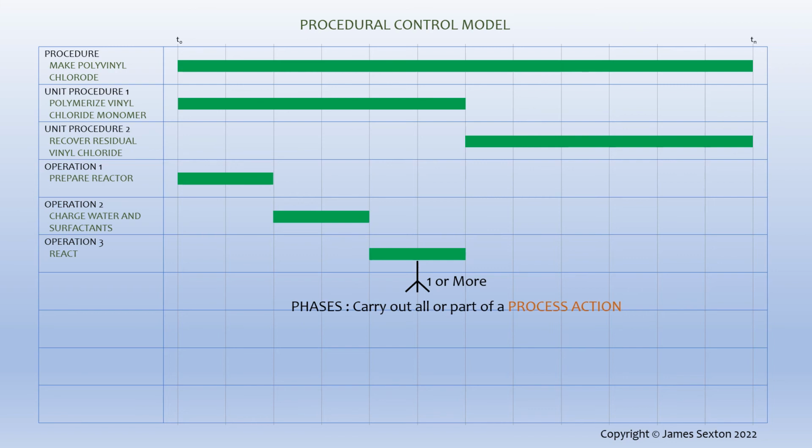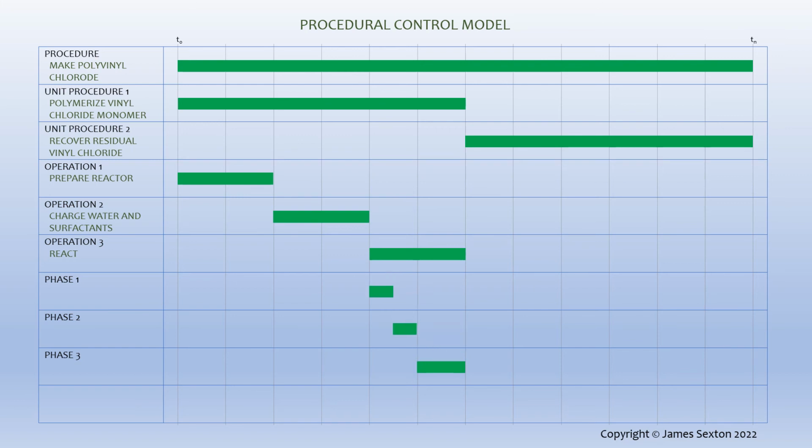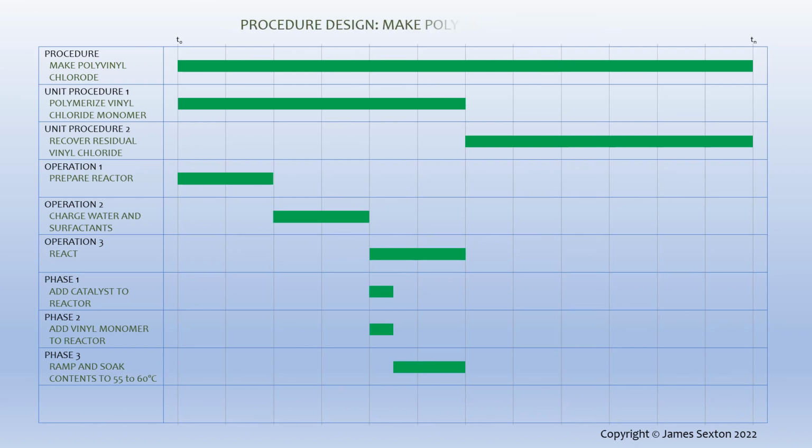There are only 3 phases defined to achieve the stated 4 process actions. Once again, notice that some elements may execute in parallel. When the model is fully customized, we will have completed the procedural control design.